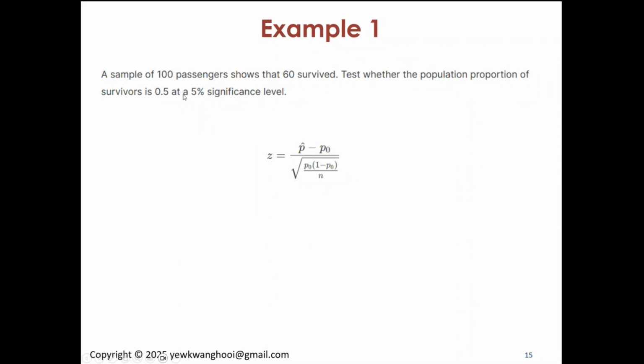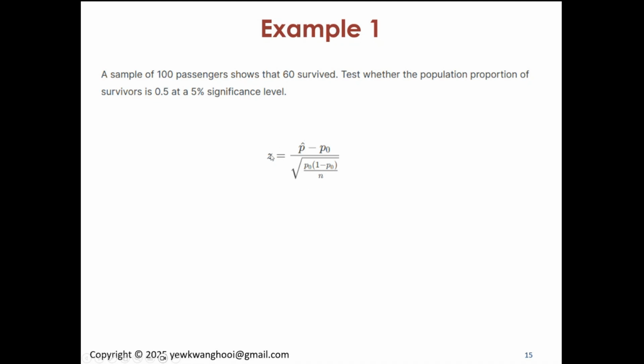Is there any difference between this sample proportion and the population proportion? Sample versus population proportion, that's what we are comparing. So the null hypothesis says same. The null hypothesis always says same, no difference. You don't say the null hypothesis is that there is a difference. The answer is no difference.